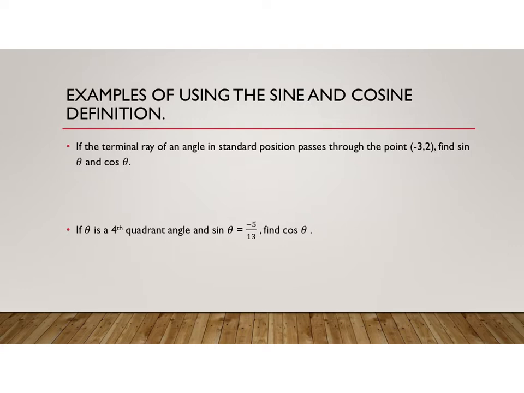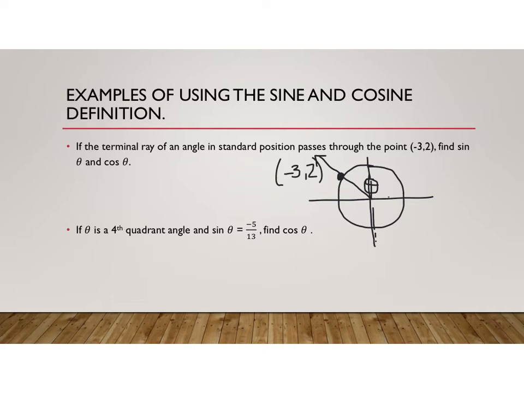So looking at some examples of using the sine and cosine definition. The first problem says if a terminal ray of an angle in standard position passes through the point negative 3, 2. So again, if I have a coordinate system and I have a circle on there, and I have an angle, this angle is actually in the second quadrant, and this point would be negative 3, 2. I'm going left 3 and I'm going up 2. The angle we're talking about is this obtuse angle right here.